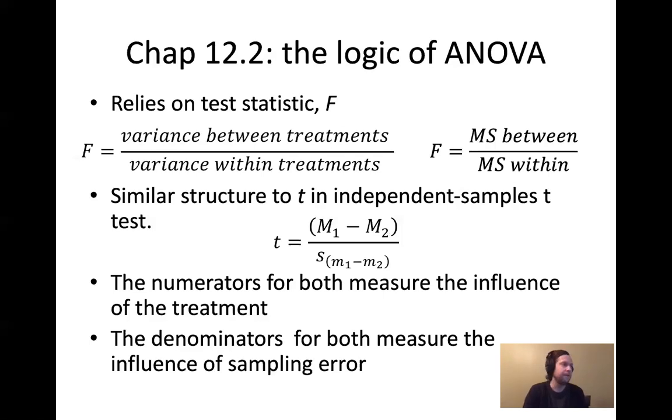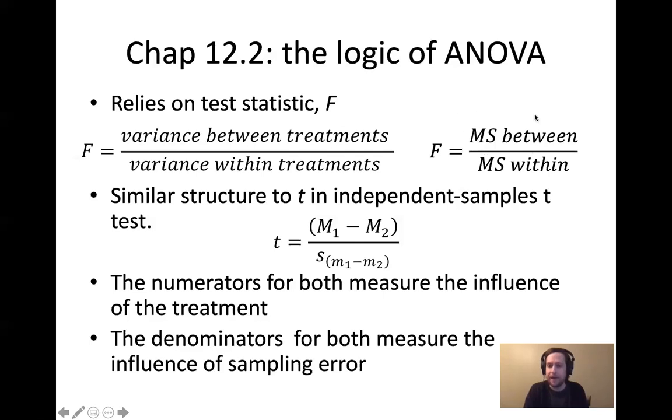For T, the further apart those two means are from each other, the bigger the numerator gets. If M1 and M2 are the same number, then the numerator is really, really small. It'll be 0. If M1 and M2 are really far apart from each other, then you get a big number in the numerator for T.